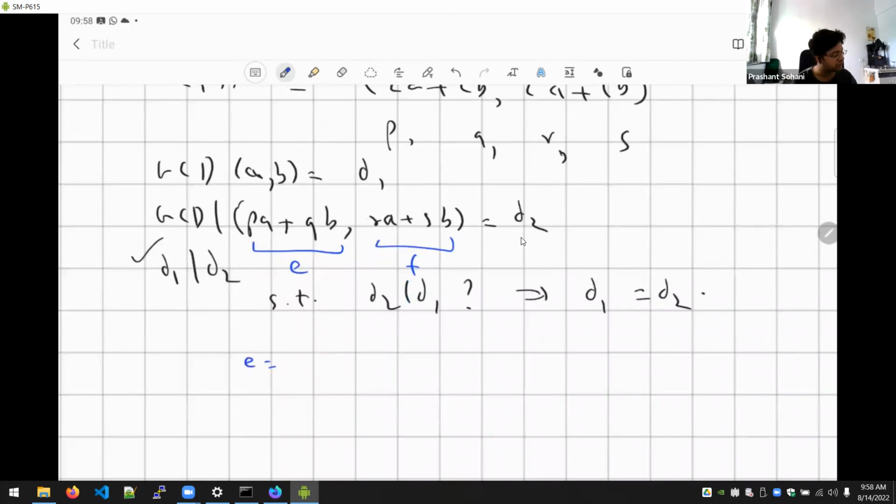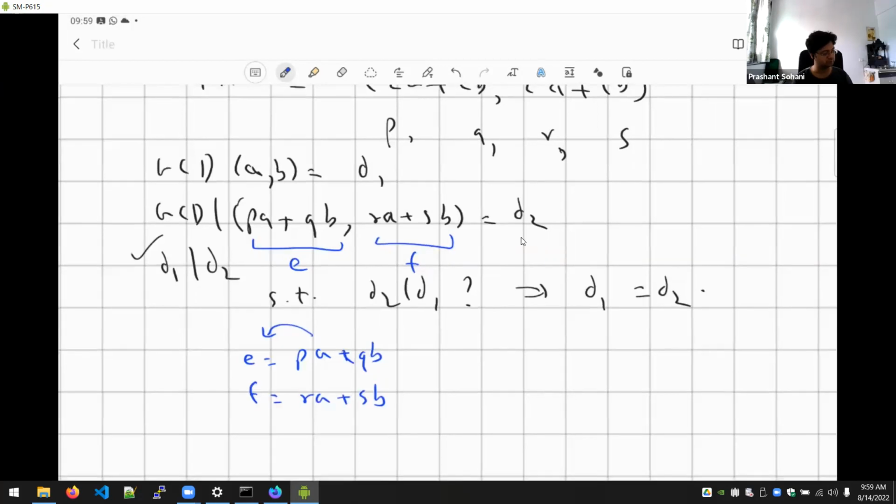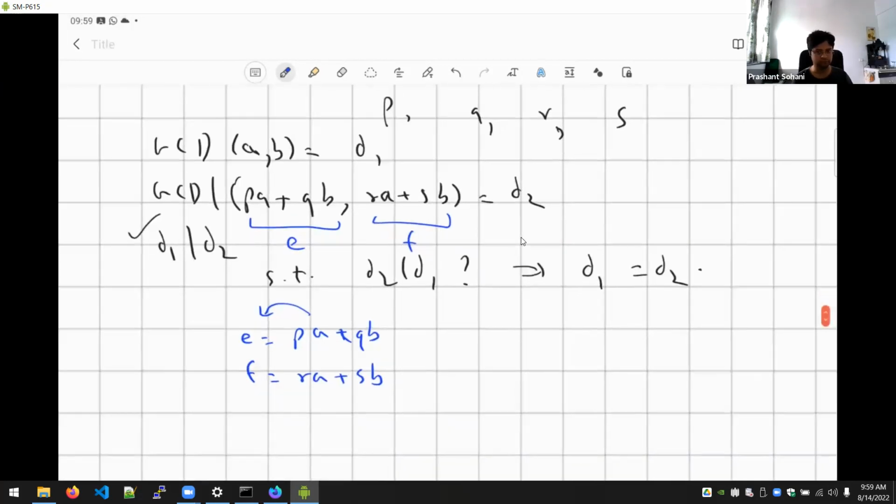See, the equations you have are E is equal to PA plus QB, and F is equal to RA plus SB. So these are equations. If you know A and B, you know how to get E and F. Can you write the reverse equations? Yes, sir, using Cramer's rule.